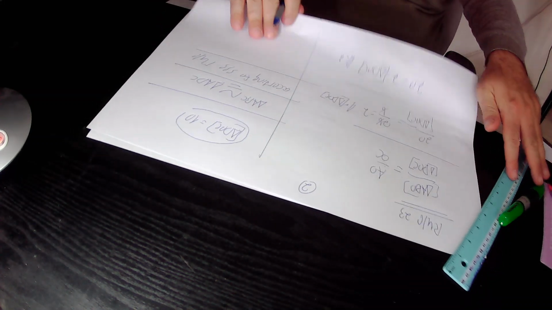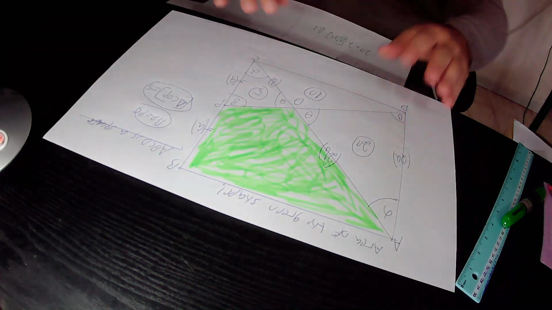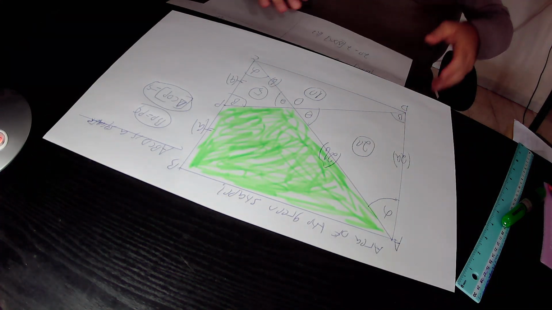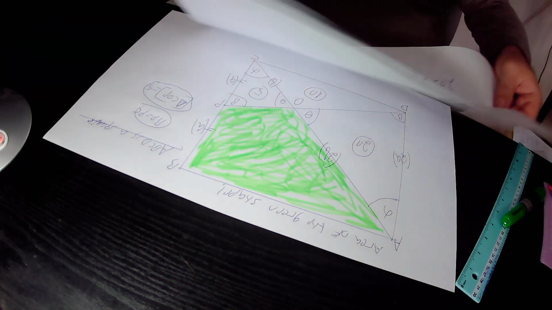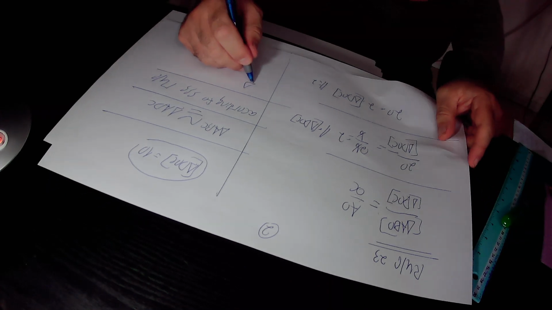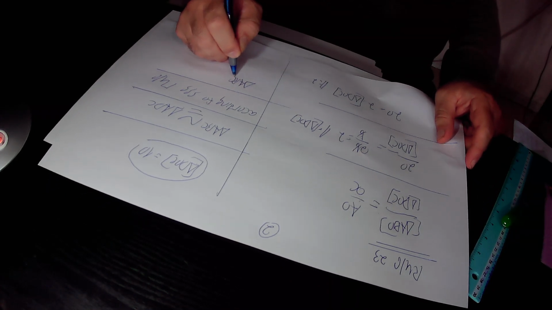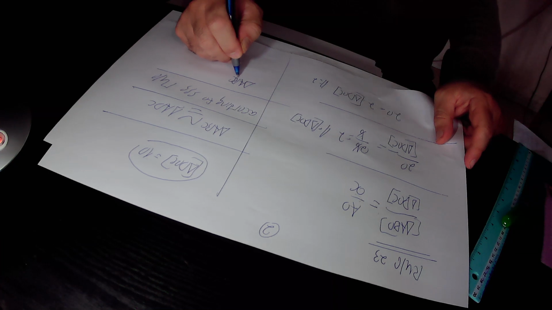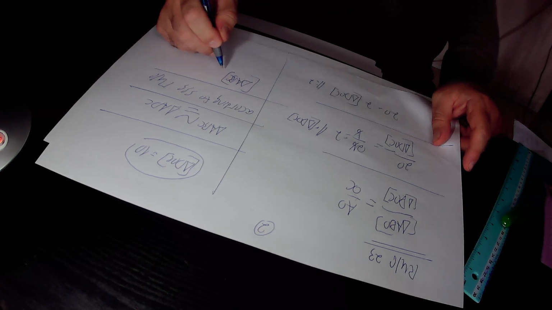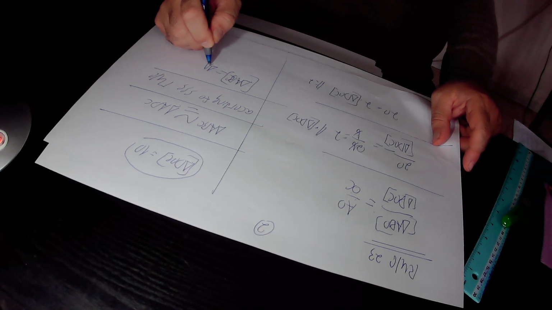And from the fact that those two right triangles are congruent to each other, we derive that they also have the same areas. That is to say, the area of triangle ABC is equal to the area of triangle ADC.